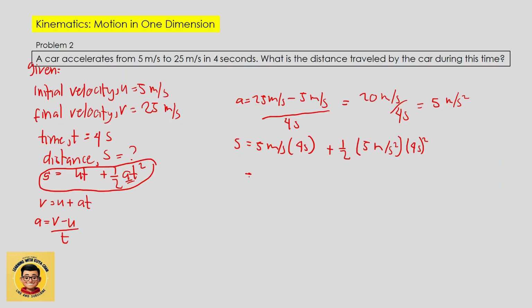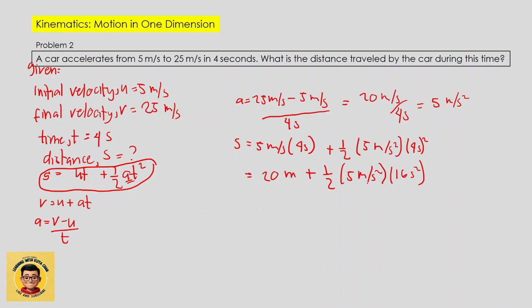Okay, so with this, we need to simplify the equation. So we will be having 5 meter per second times 4 seconds, which is 20 meter, plus 1 half times 5 meter per second squared times the square of 4 seconds, which is 16 seconds squared.